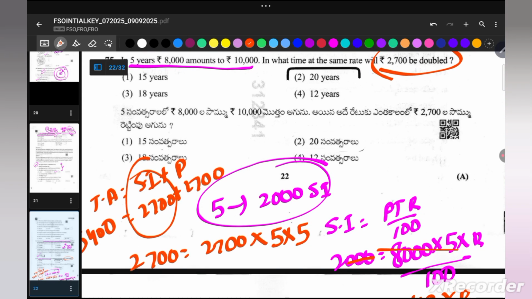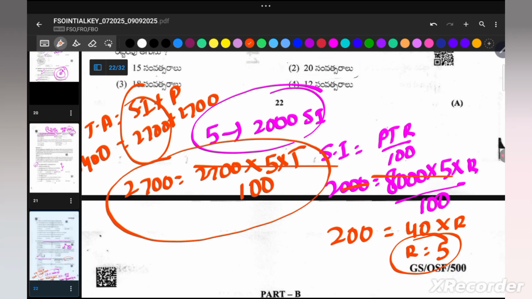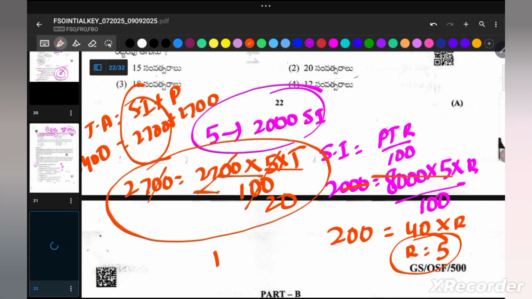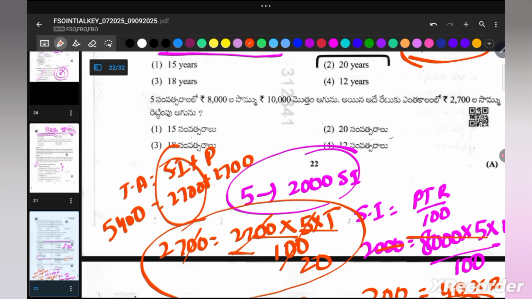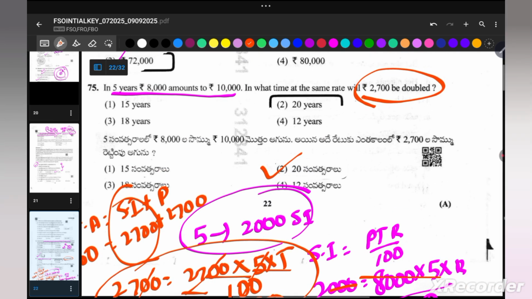How much time? They're talking about the time, so time is not known. If you simplify this value, 2700 and 2700 will cancel each other. 20 times t is equal to 20. So in 20 years the amount will be doubled.